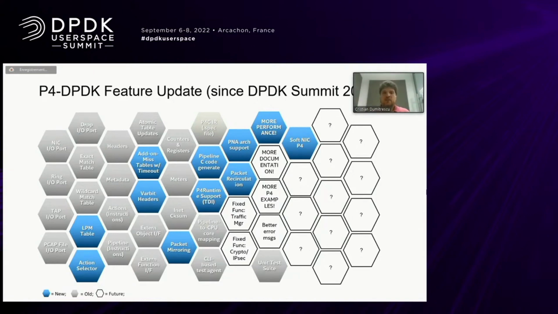And we also made a lot of progress on how the C code is generated for the pipeline. We had a model that we used to call interpreted mode, where we didn't generate C code.